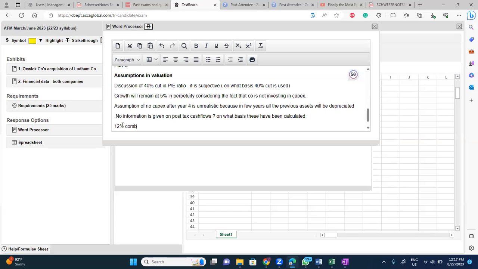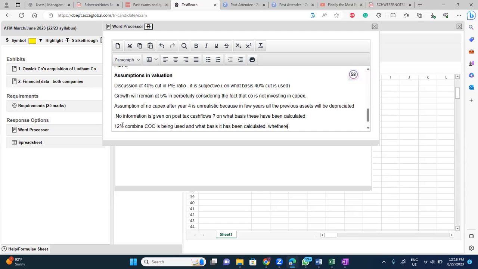A 12% combined cost of capital is being used, and on what basis it has been calculated is not given.